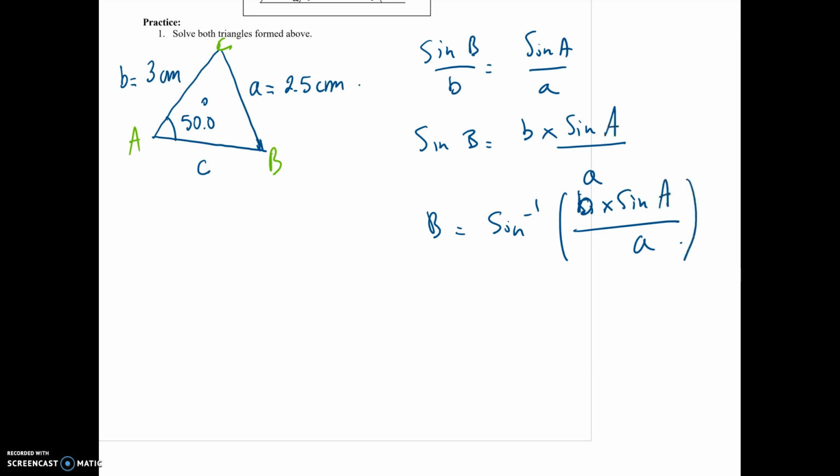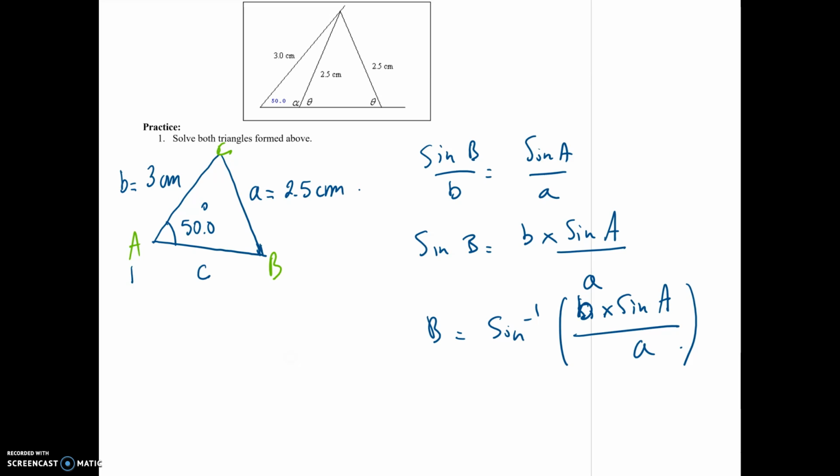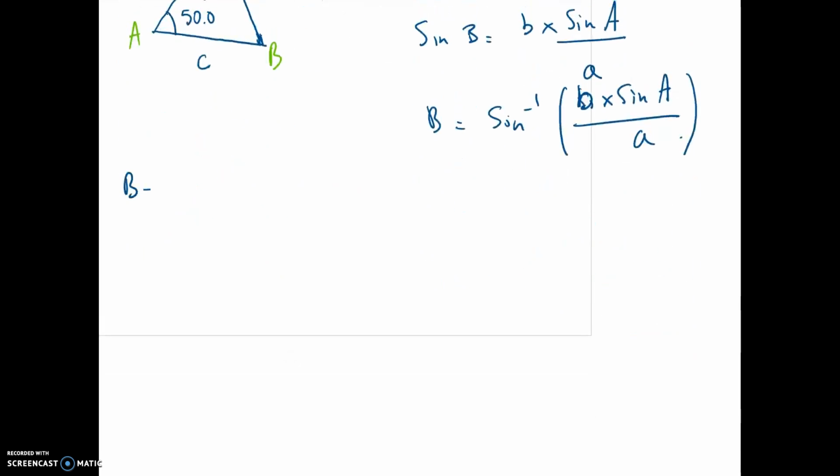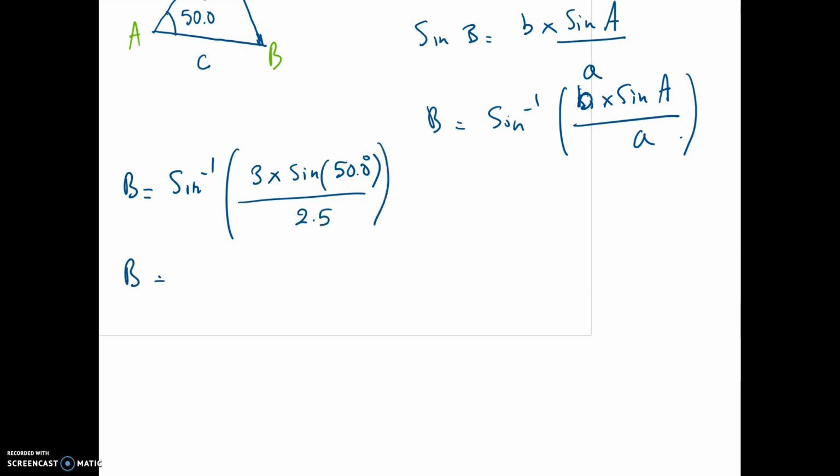When I'm substituting the different values I have at this position, I end up with B equal to sine inverse of 3 multiplied by the sine of 50.0 degrees divided by 2.5, and I end up with B equal to 66.8 degrees.